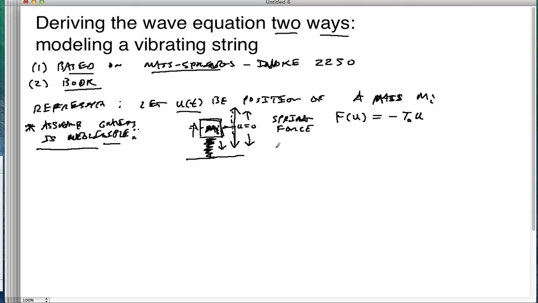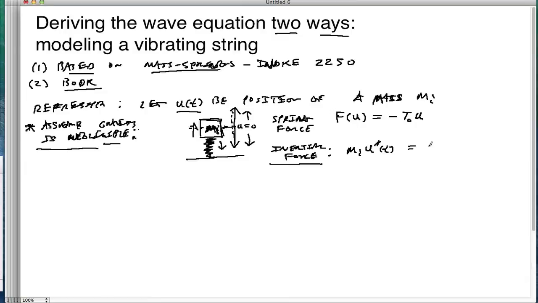And the next force is the inertial force. The inertial force is the standard Newton's second law, mass m_i times u double prime of t.